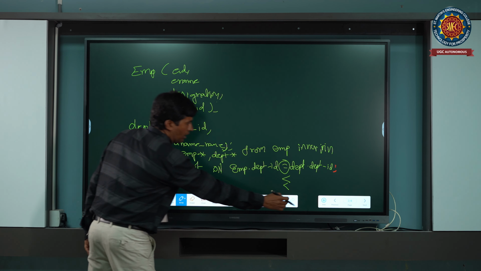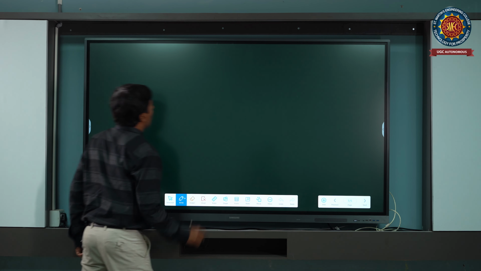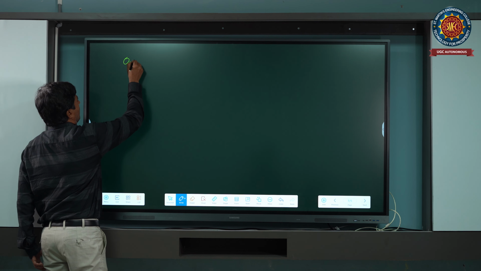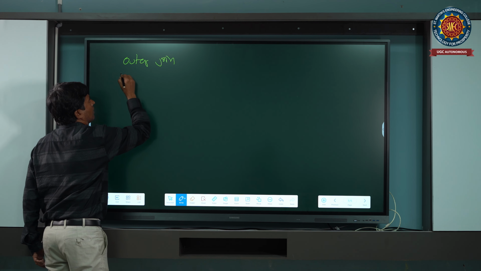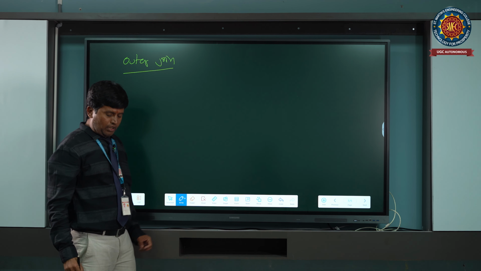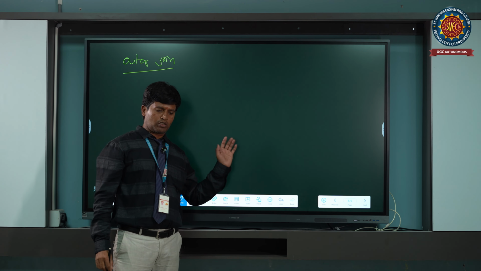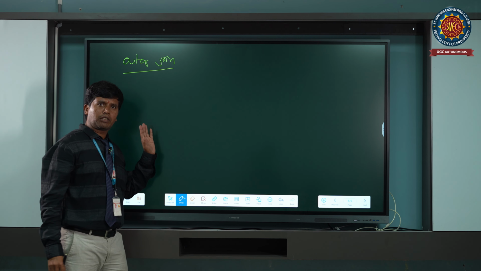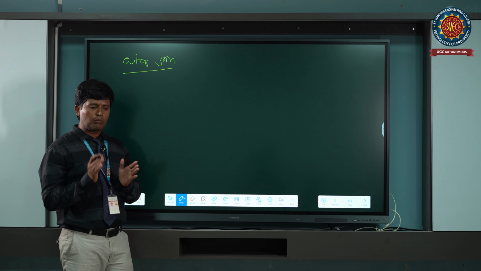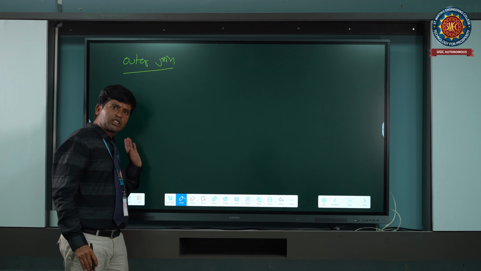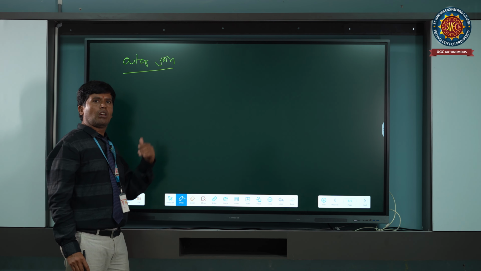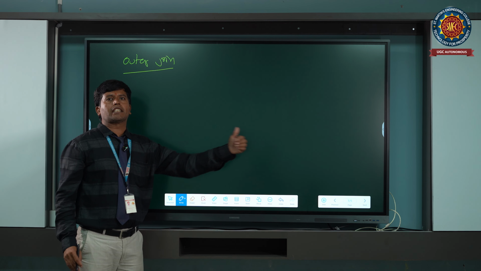Let's say, coming to the outer joins. With respect to outer join, the drawback of the existing equijoin is that we lose data from either one of the tables, either we miss some data from the left side table or from the right side table.